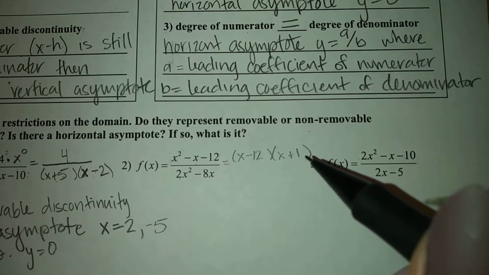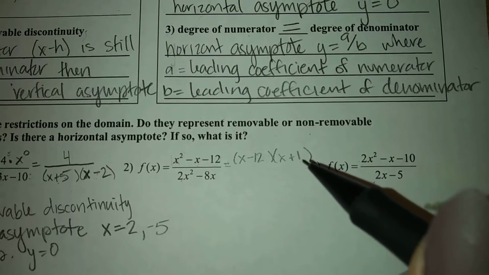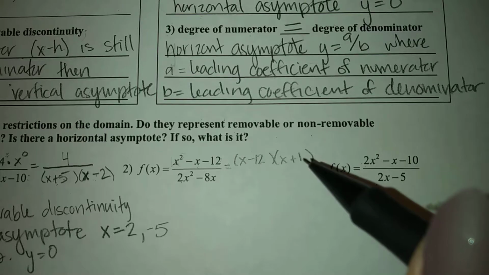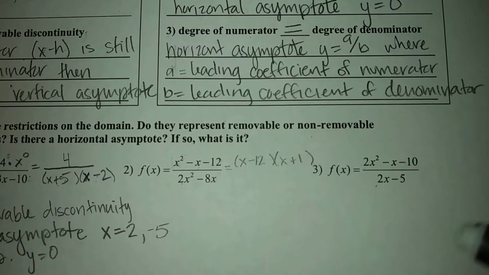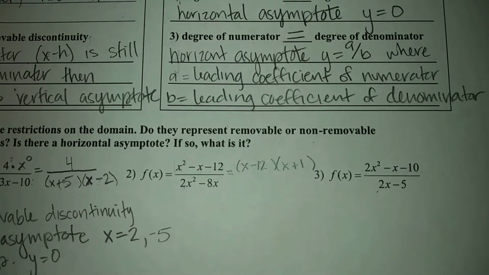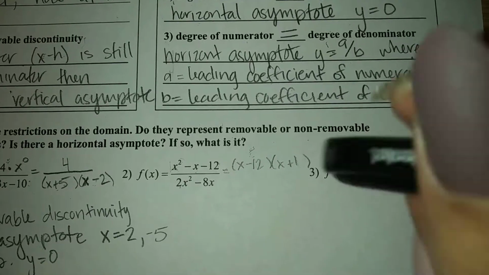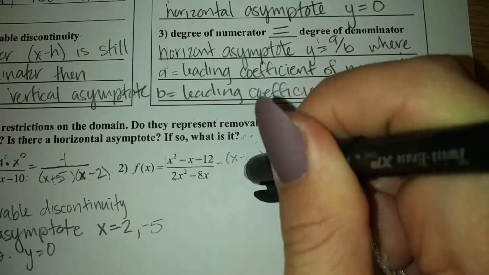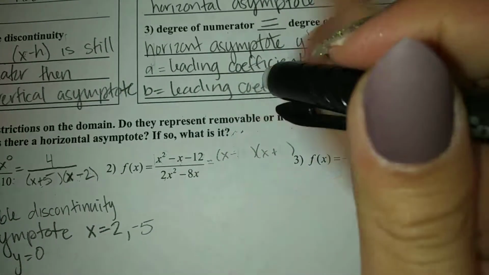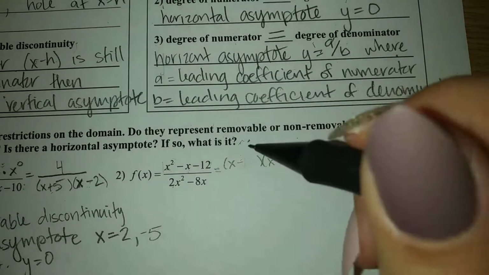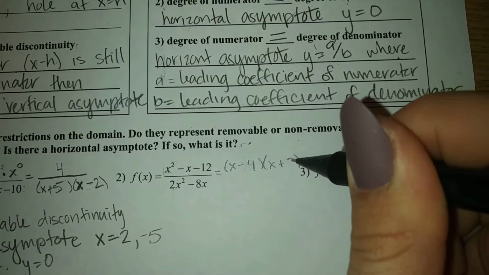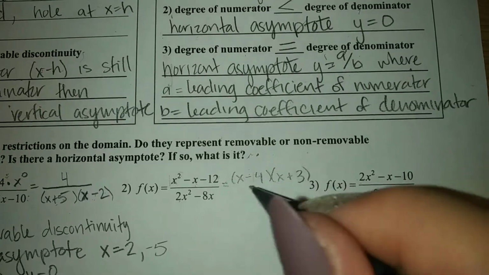Is that right? No, it's not. I will say 4 and 3. Duh. -4, +3 will get me -1. Okay.